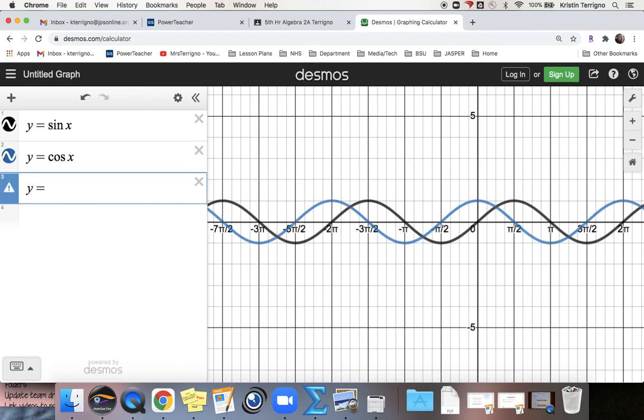So if I wrote that equation in here, y equals cosine of x minus pi over 2, notice that green function looks exactly like the original sine function. That's an important relationship to know, and that's related back to that complements theorem that we talked about, where the sine of pi over 2 minus x is the same as the cosine of the original x, and vice versa. We talked about that in the last section, that the sine and cosine are always off from each other by a factor of pi over 2.